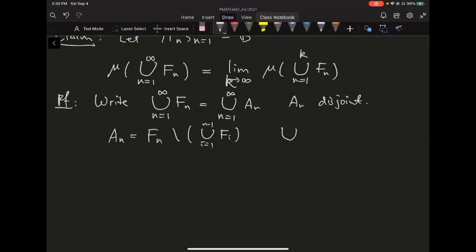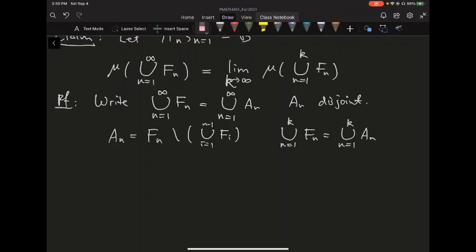And we actually showed that the union of n going from 1 to k of these Fn is the same as the union of the first k of these An.